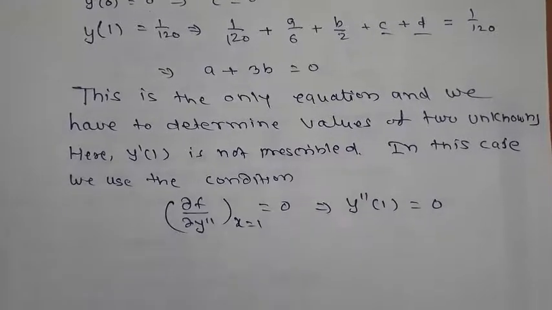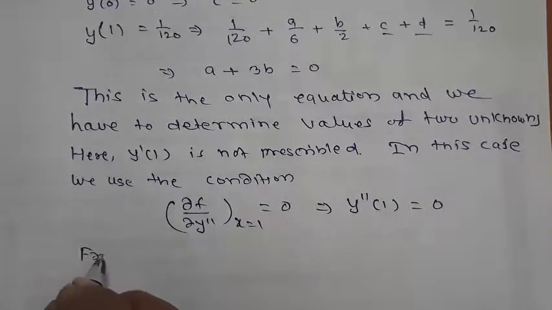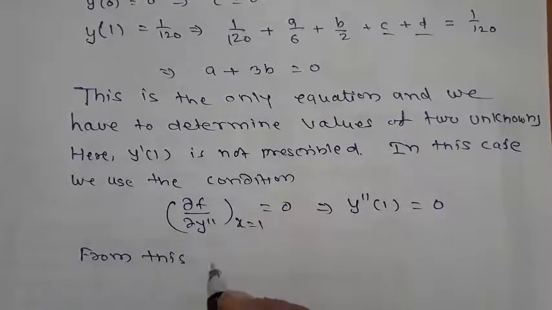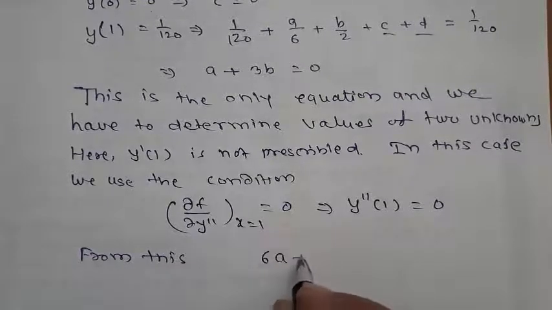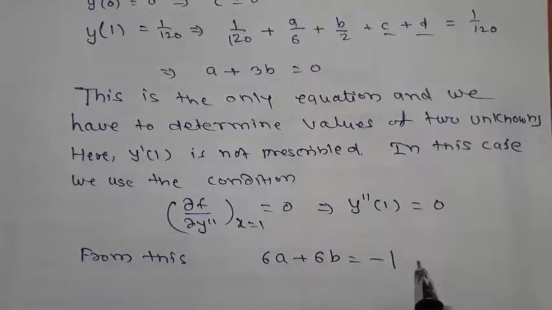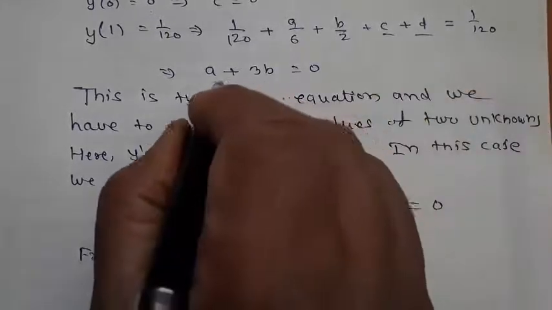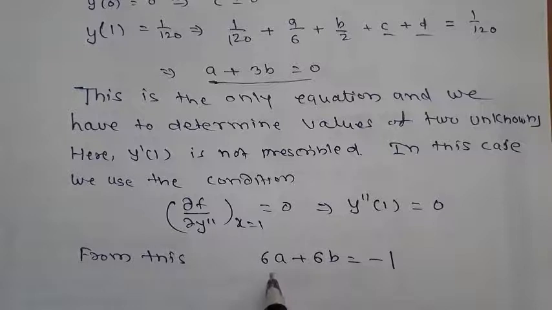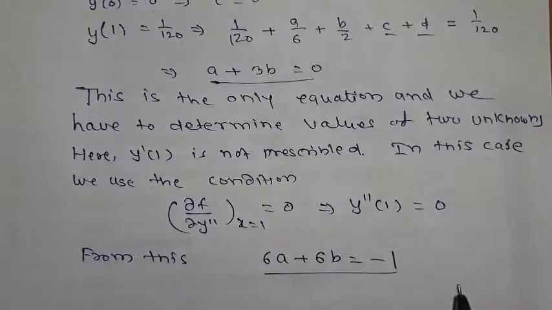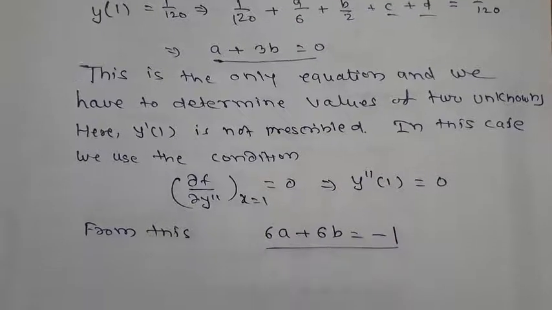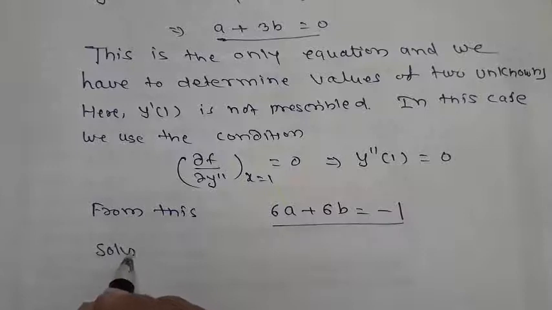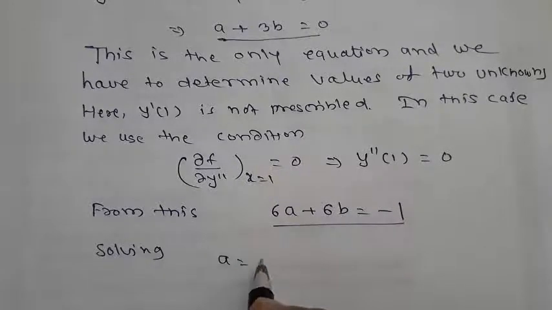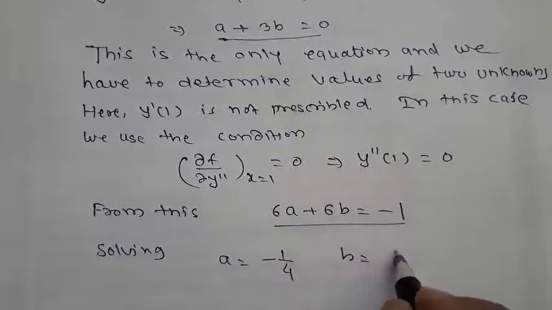And from this we get the equation 6a plus 6b equal to minus 1. Thus we have the equations a plus 3b equal to 0 and 6a plus 6b equal to minus 1. Solving these two equations, we get a equal to minus 1 by 4, b equal to 1 by 12.